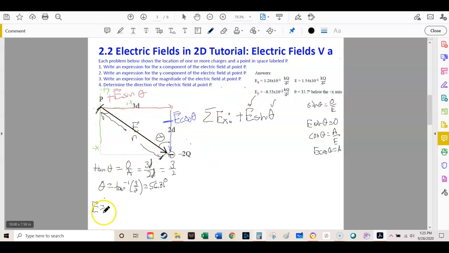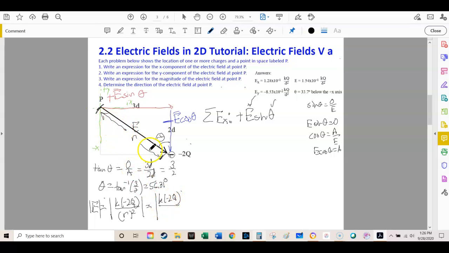So we're just finding out the net electric field, which is going to be k times negative 2Q, and that's capital Q, all over the distance r squared, right? So I'm going to write this out, k negative 2Q. But in this case, how do we get what r is?